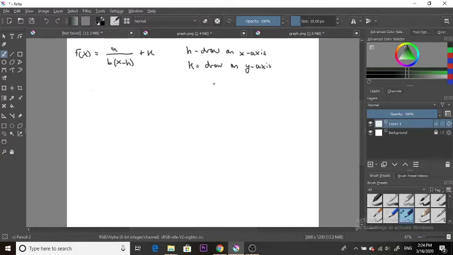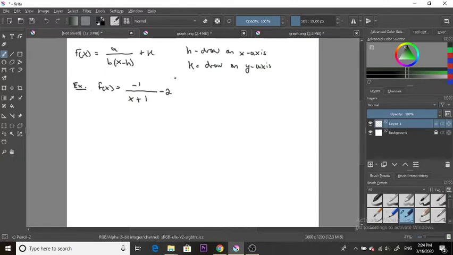So let's do an example. We have this function here, and let's say that it is -1 over x plus 1 minus 2.